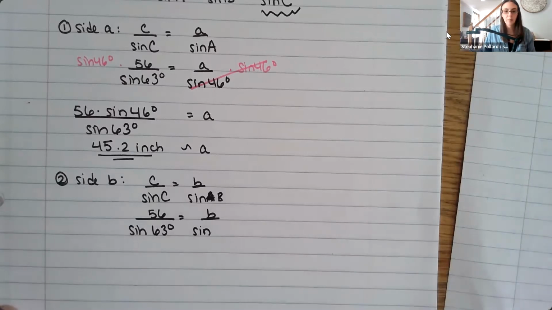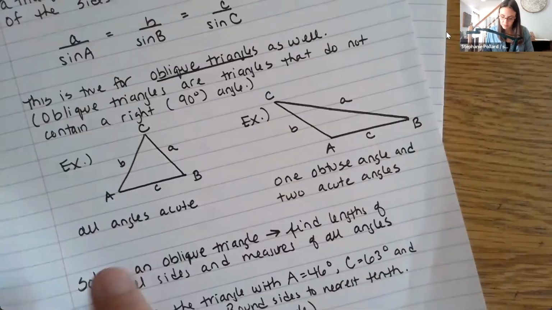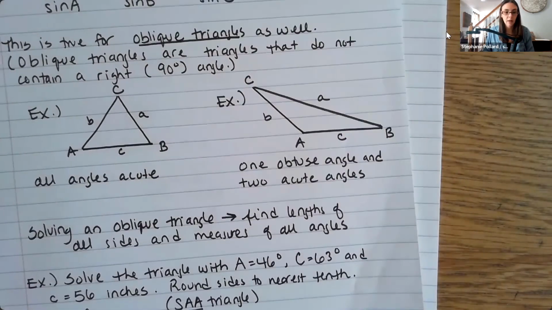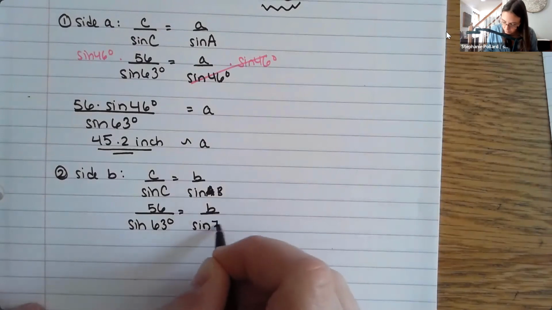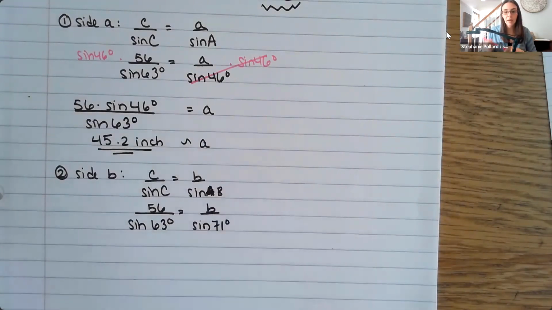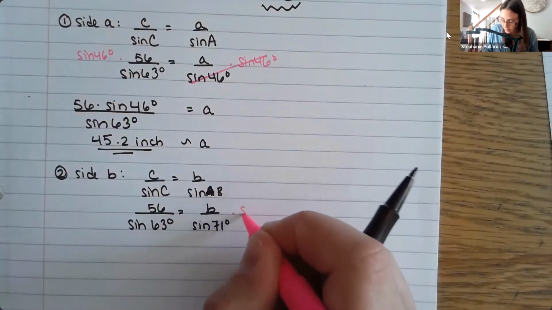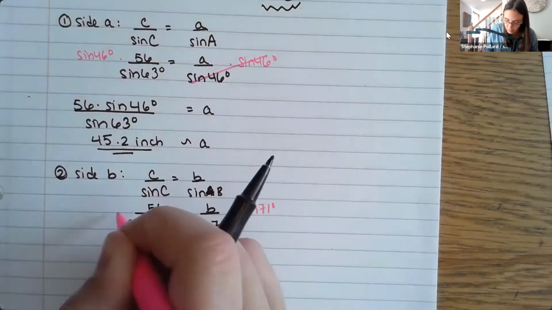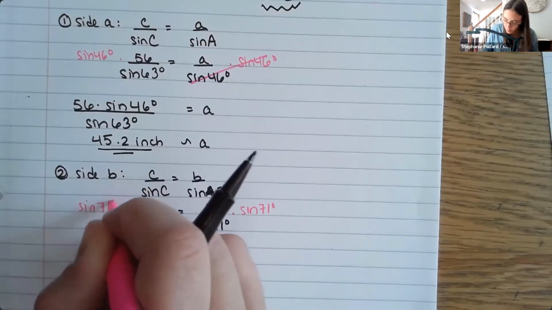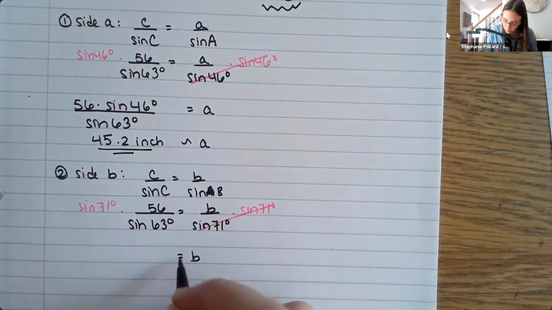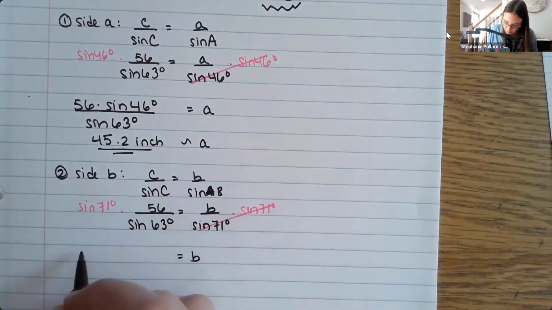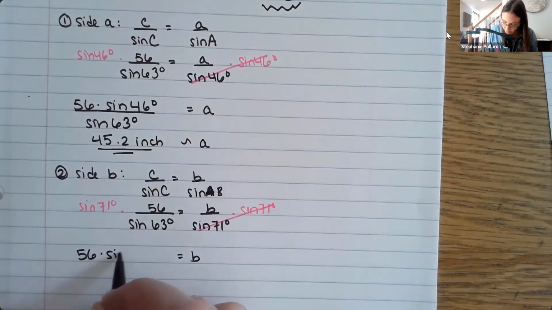And then if I go back to my B angle, let's see, my B angle was 71. Oops, you can't see that, was 71. And again, I want B by itself. So what I can do is multiply by sine of 71 degrees on both sides. And then I have that B is equal to, let's see, 56 times the sine of 71 degrees over sine of 63 degrees.